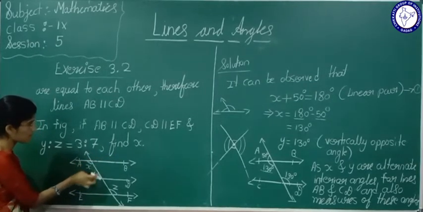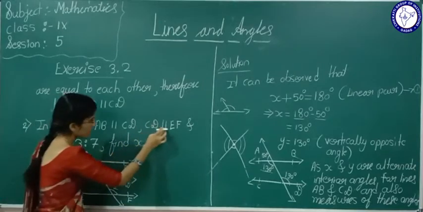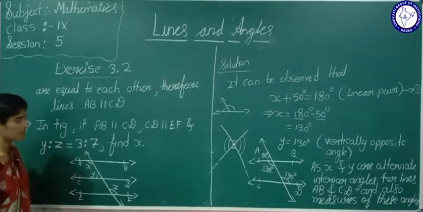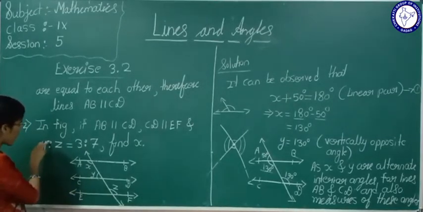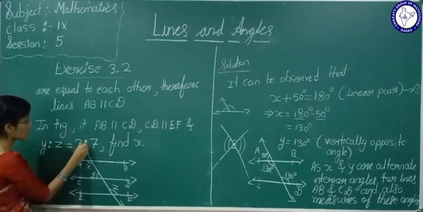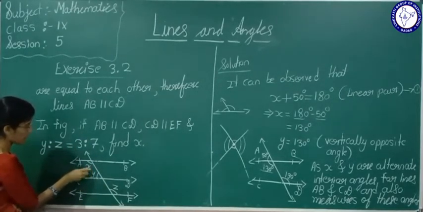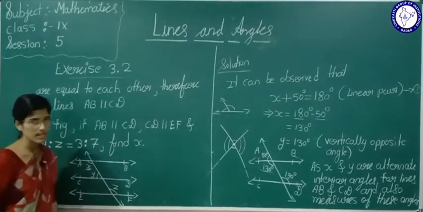These two lines are parallel. CD is parallel to EF. This CD is parallel to EF. And Y is to Z, they are given 3:7. Find the value of X. We have to find here the value of X.